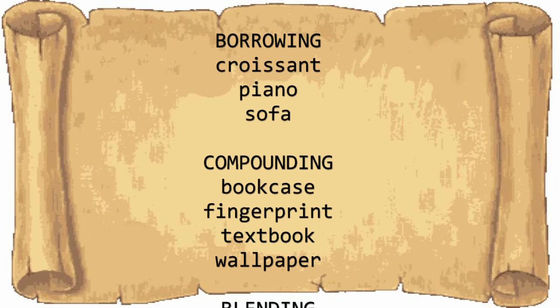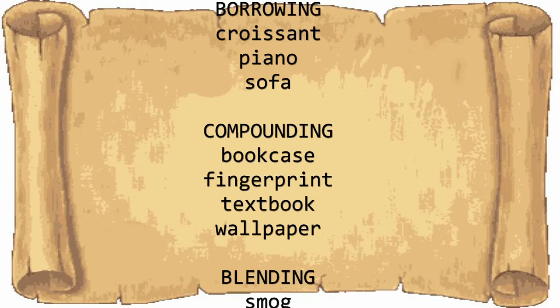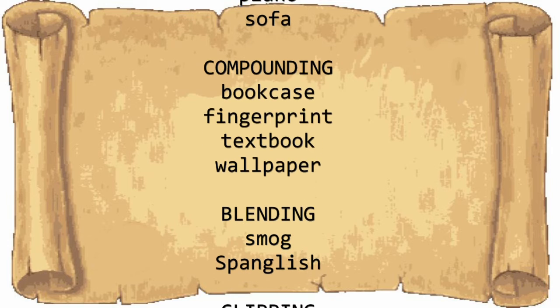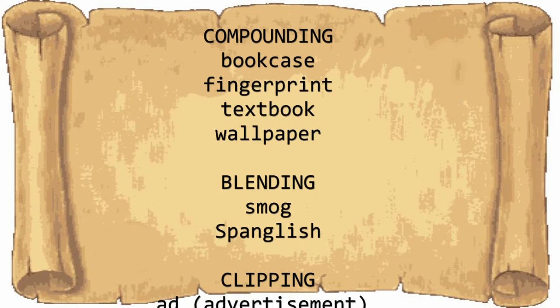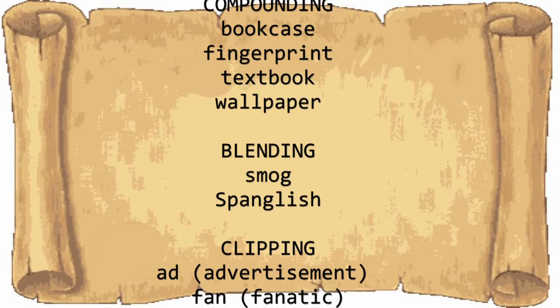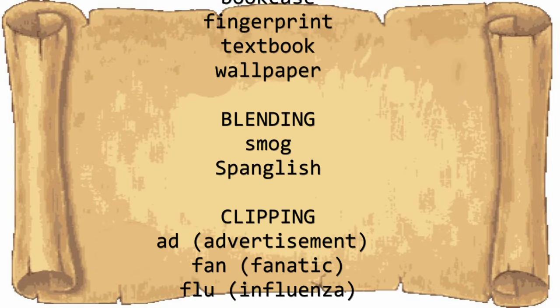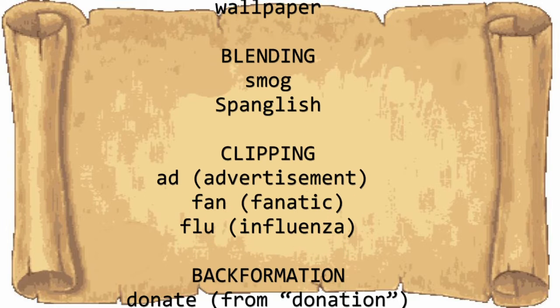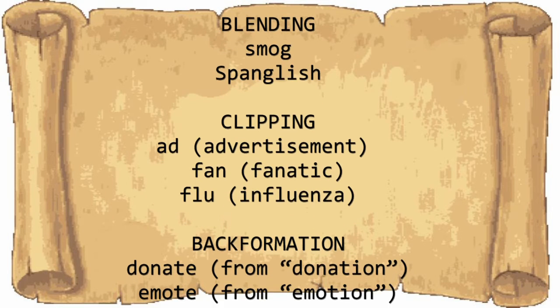Blending, similar to compounding, but taking only the beginning of one word and joining it to the end of the other word. Clipping, when a word of more than one syllable is reduced to a shorter form, usually beginning in casual speech.